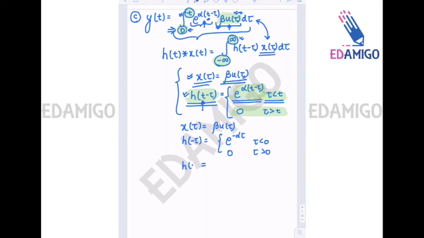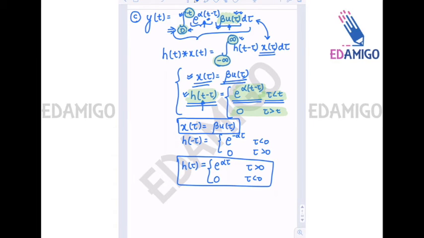So h(tau) will be equal to e to the power alpha tau for tau greater than 0 and 0 for tau less than 0. So these are the two equations of x(tau) and h(tau). Now y(t) is equal to x(t) convolved with h(t), where x(t) is equal to beta u(t) and h(t) is equal to e to the power alpha t u(t).